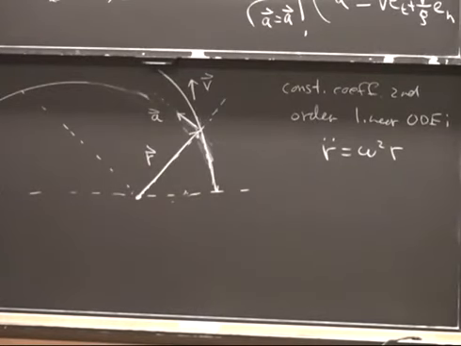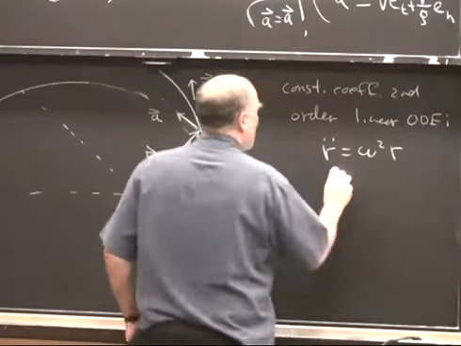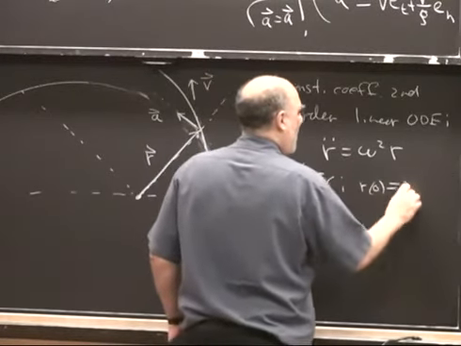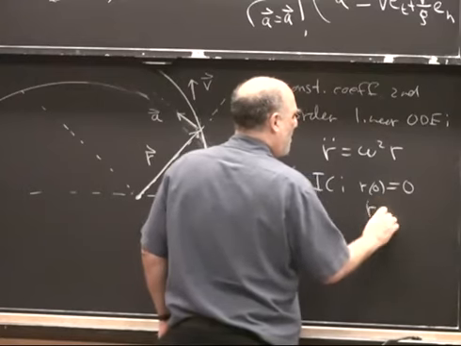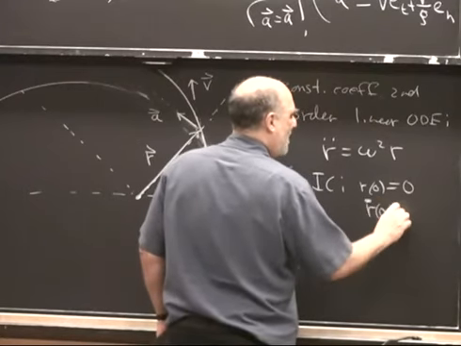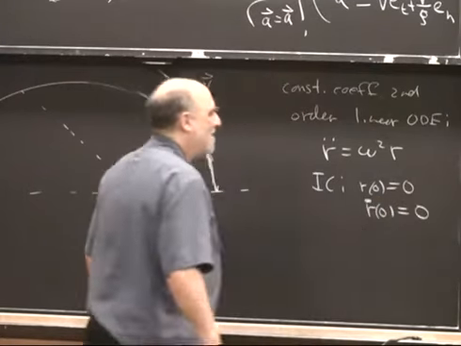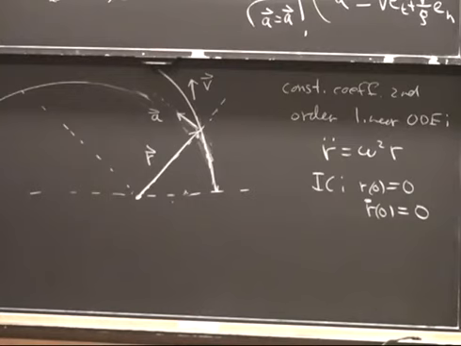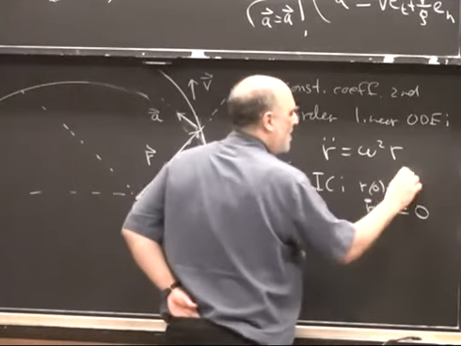And we have the initial condition that r of 0 is equal to R0, and we can assume that we started from rest, so we started at 0 radial velocity. So we have a differential equation and initial conditions. And this is one of the ones you should just sort of know the solution to. Can anybody just tell me the complete solution, all the constants right and everything, from the beginning? By the way, I didn't mean 0 here. I meant R0.